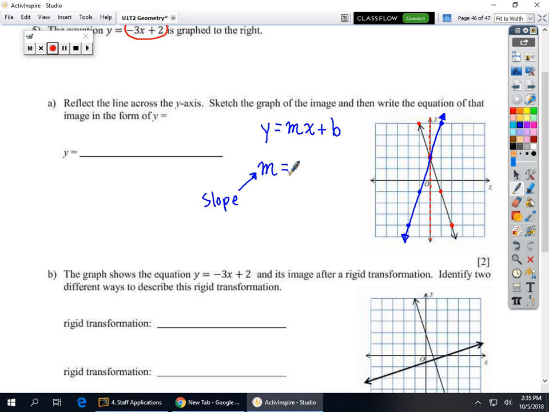What it really is, if I have one point on my line, what movement do I need to make to get to the next point? So I'm going to pick this point down right here. In order to get to this point, what is my movement? I got to go up, 1, 2, 3, and right, 1. Up 3, right 1. Or if I go again, up 1, 2, 3, right 1. So you go up 3 and right 1 every time.